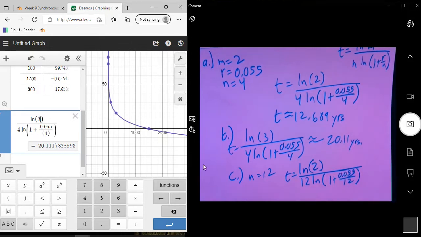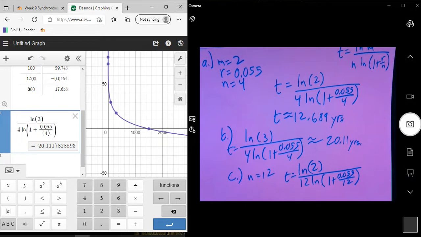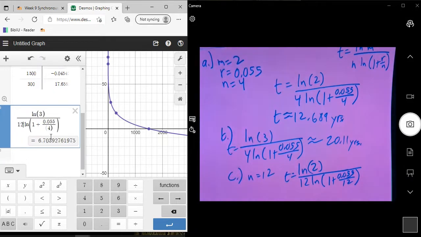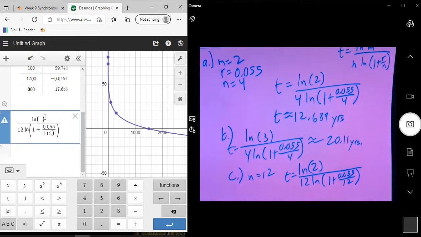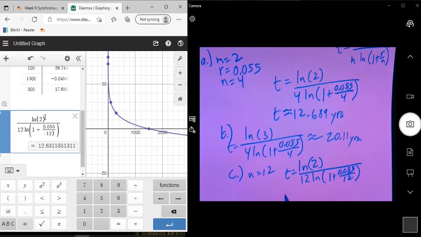So we'll go right here to Desmos, change the 4s to 12s. And now, maybe I must have left something out. Let me see, 12. Oh, I forgot to change that 3 back to a 2. Okay. So it'll be approximately 12.632 years.